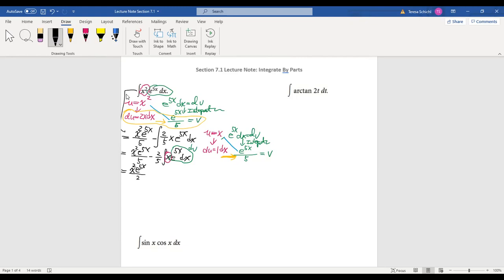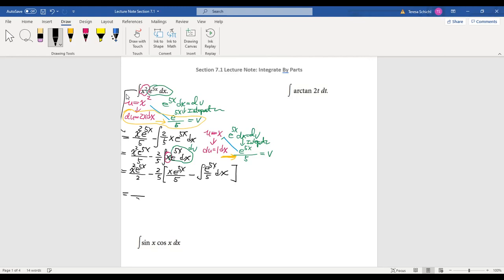So uv is x e to the 5x over 5, correct? Then minus v du, which is minus 1 over 5 e to the 5x dx. Okay, almost there. So this one is a little tedious, right?